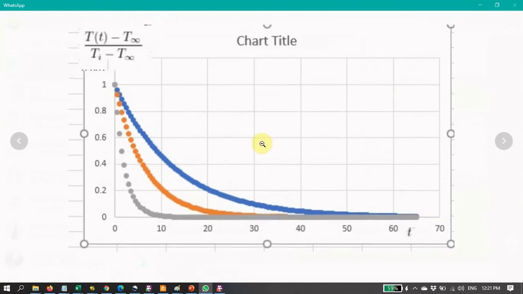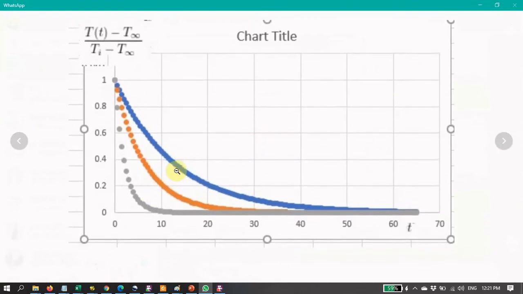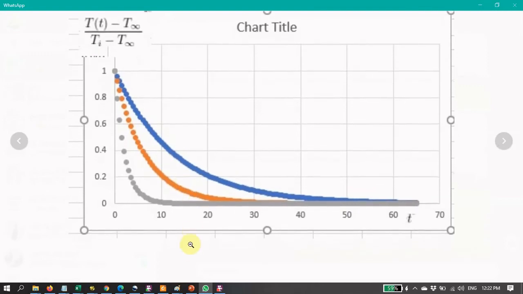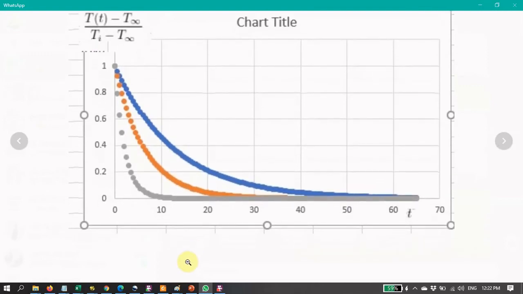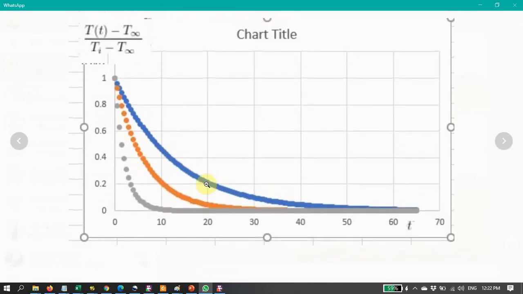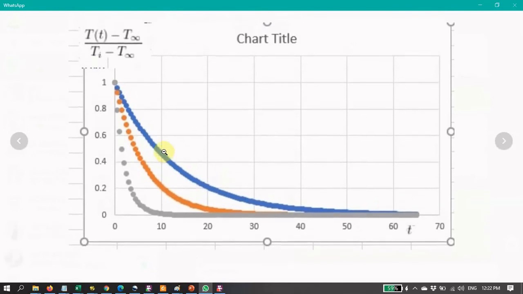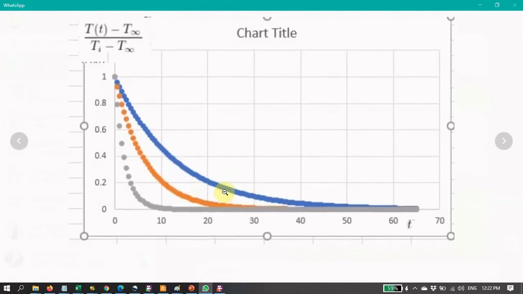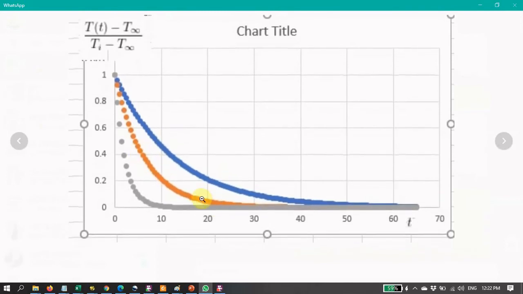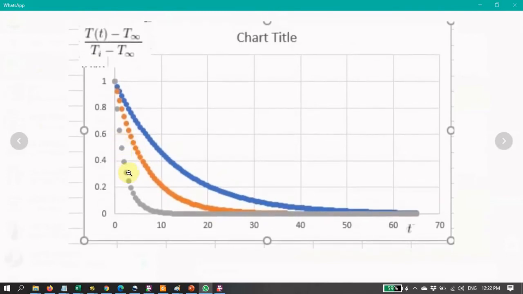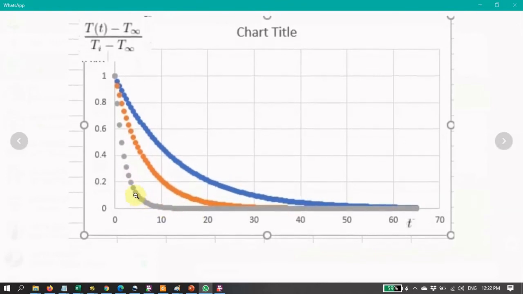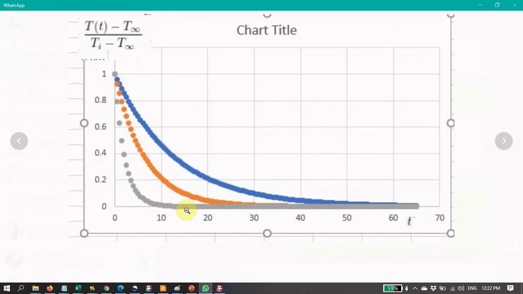Right, so we have three temperature histories, or three responses. This chart is calculated based on the analytical solutions, right? We are using three different characteristic lengths. The blue one is where the characteristic length is the diameter. The orange one is the radius, and the gray color is based on the volume divided by area.